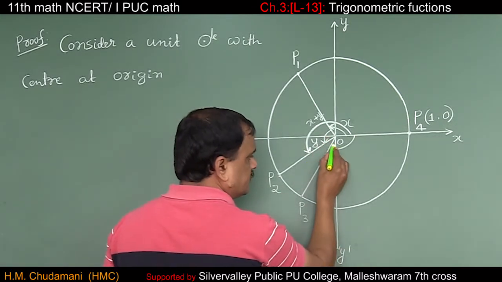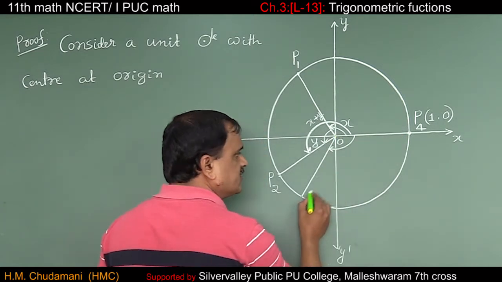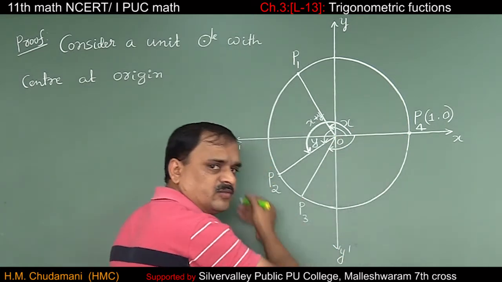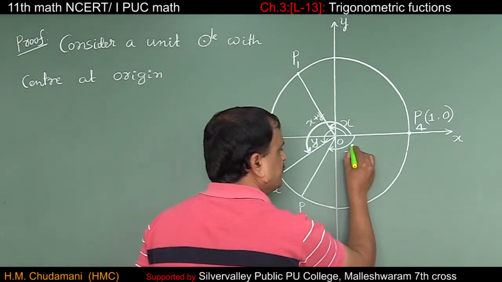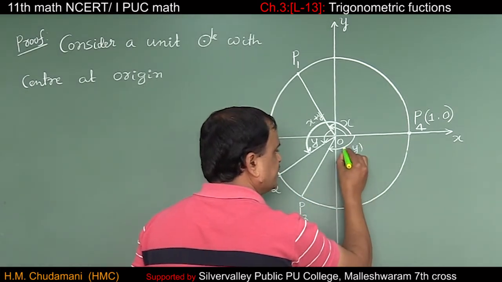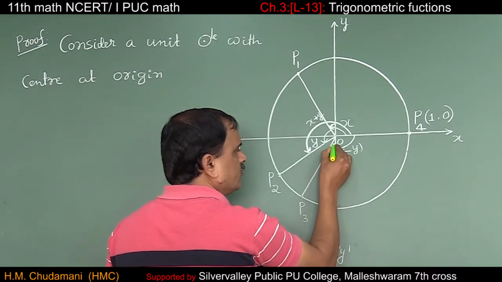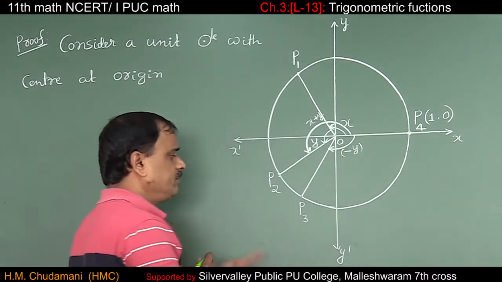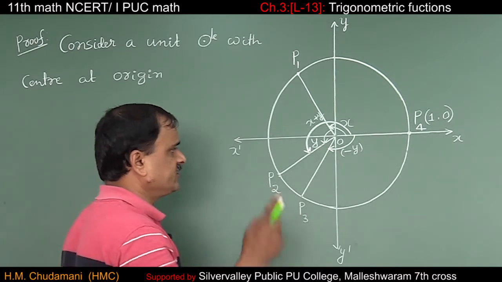Look at this one. P4 O P3. This amount of rotation is along the clockwise direction. Therefore, it should be a negative measurement, minus y. Angle P4 O P3 is minus y.